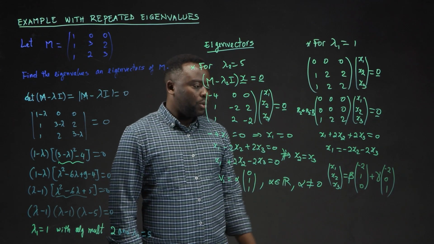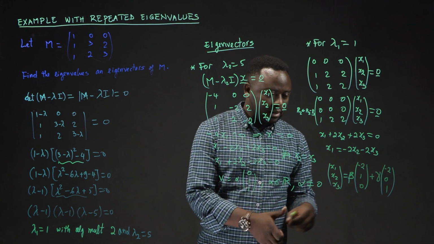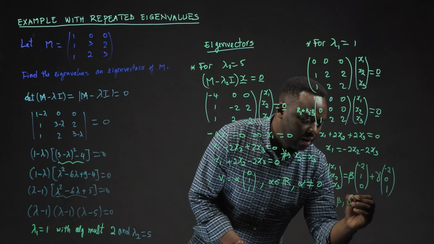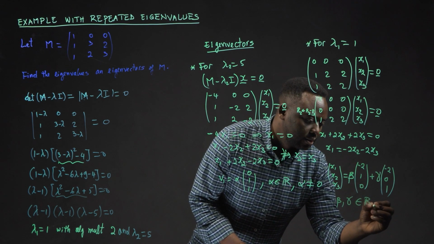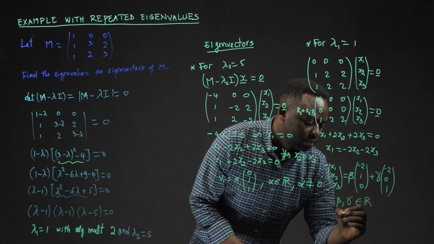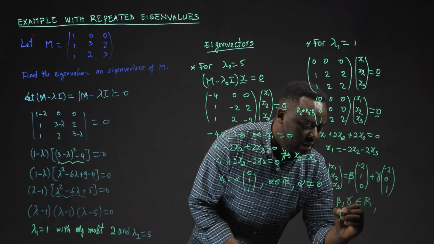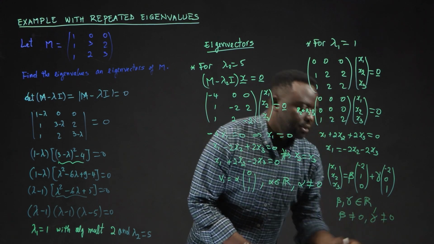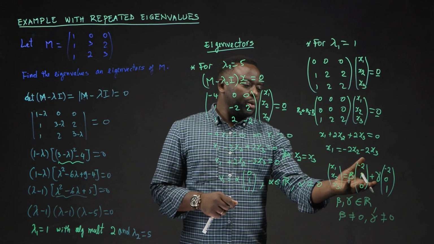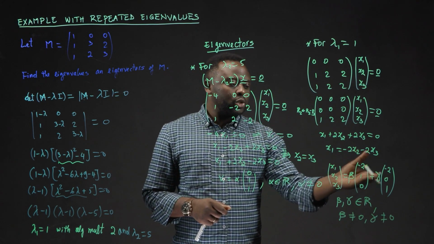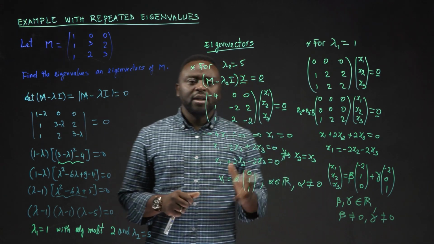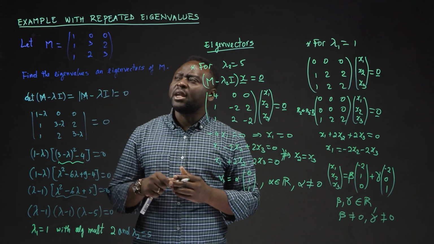So we have the second vector and the third vector. Of course, beta and gamma belong to R and are different from 0. So we basically have our two vectors, and these two vectors are independent. This is all for this example of the repeated eigenvalue.